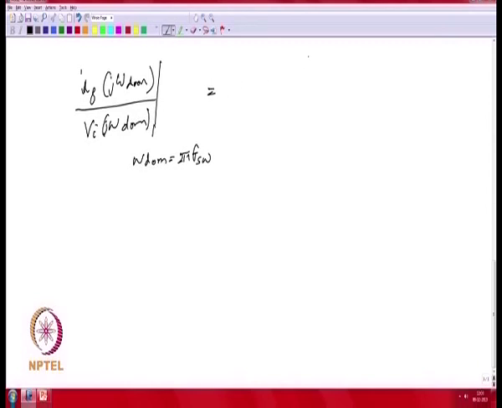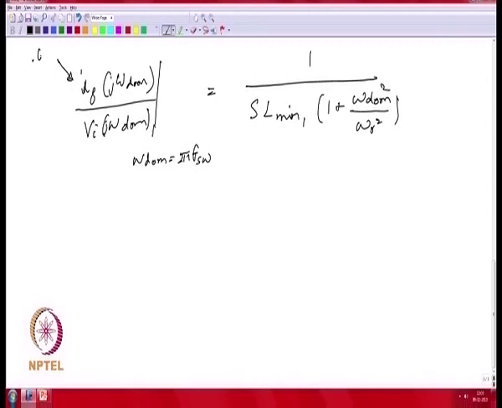This would correspond to 1 by s L min times 1 plus omega dom square by omega resonant. We know that your Ig has a value of 0.003 on a per unit basis, and your Vi can be obtained from your Fourier inverter harmonic spectrum.